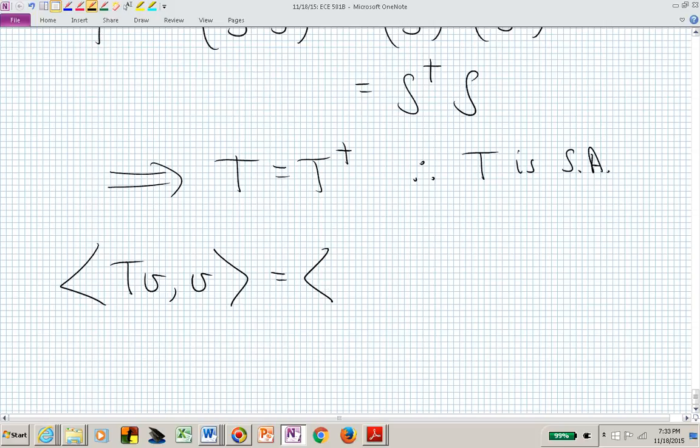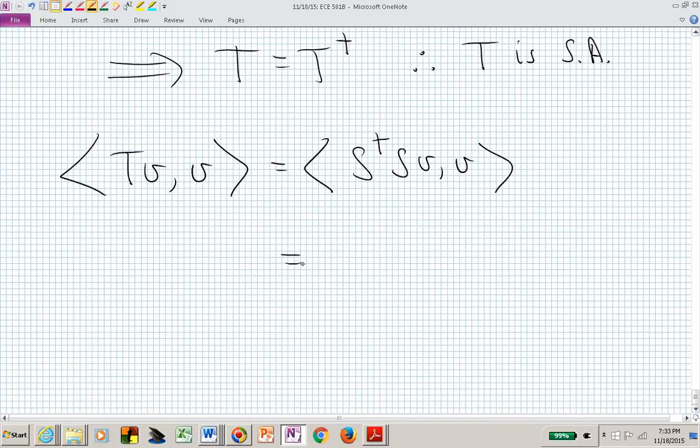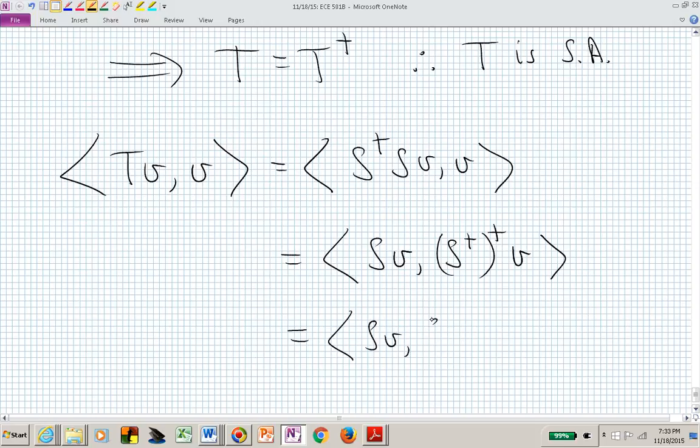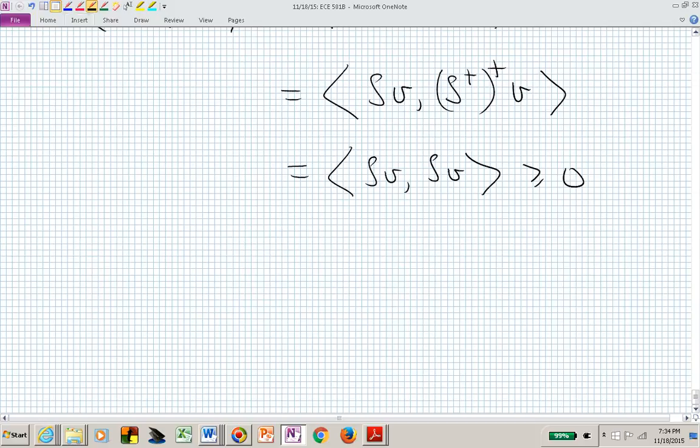But statement E says that T can be factored as S dagger S. So now we have the inner product written in terms of S dagger S. We can slide that S dagger into the second slot by taking its adjoint, so that we have SV, and we have S dagger dagger times V. But if we take the adjoint of the adjoint, that gives us back S. And now we have an inner product of a vector with itself, which we know by the positivity of the inner product is greater than or equal to 0.